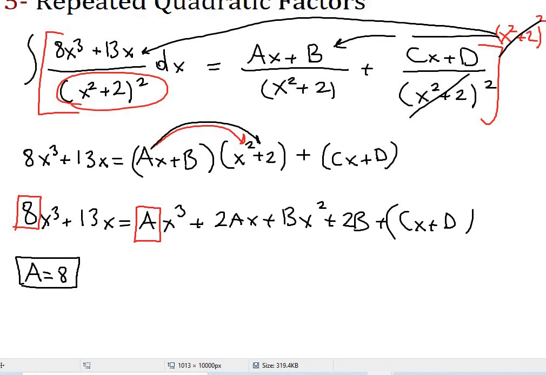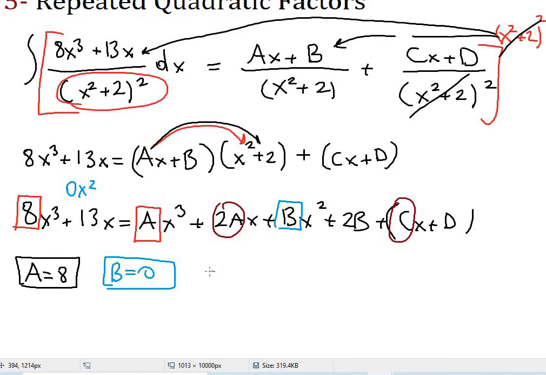Okay, let's match up x squared. The x squared term here is b, we don't have any x squared term on the left, 0x squared, so b is equal to 0. Let's continue with the x term. Here we have cx, so c, and we have 2a.